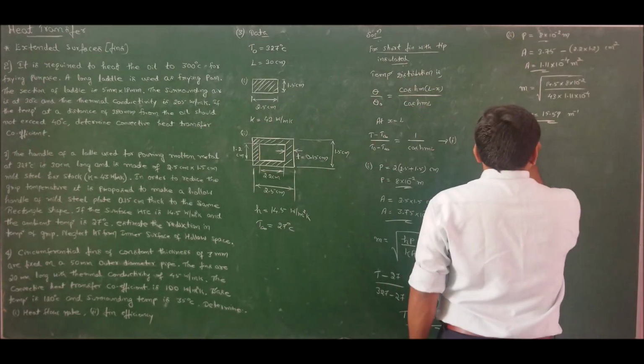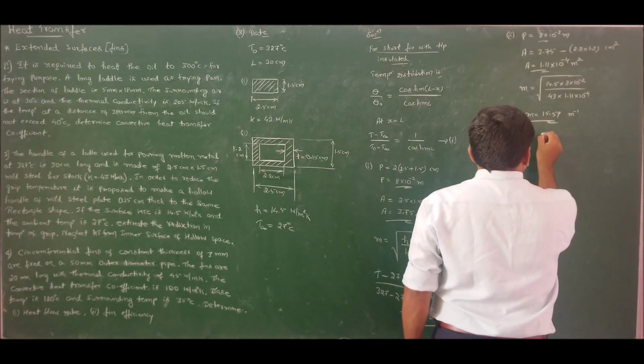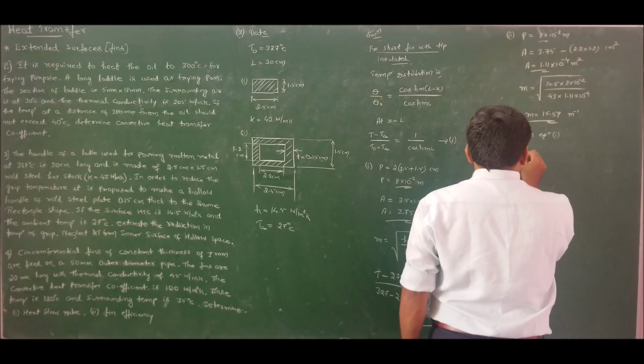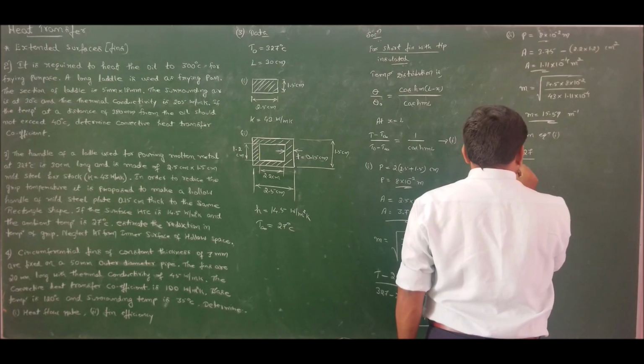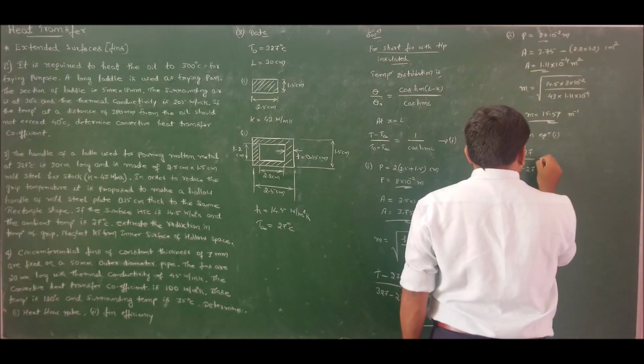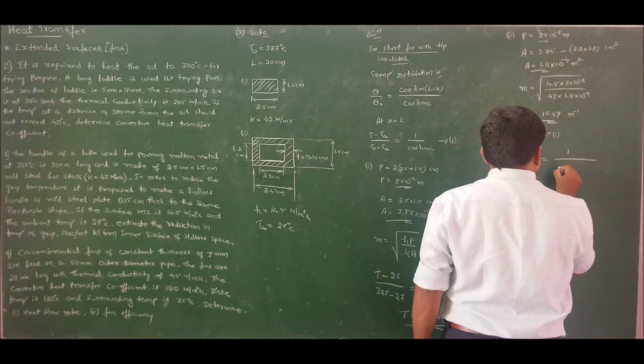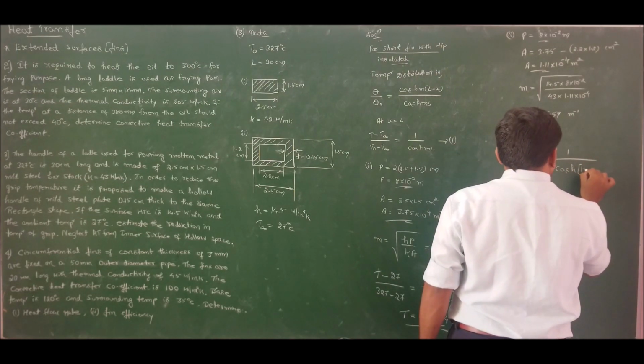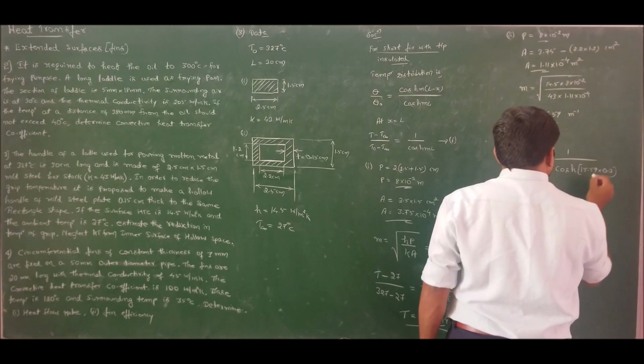So for this new value of parameter m, I should calculate the temperature. From equation 1, if I recalculate, I want temperature T, ambient temperature is 27, base temperature is 327, ambient temperature is 27, which is equal to 1 by cos hyperbolic of m is 15.59, L is 0.3.